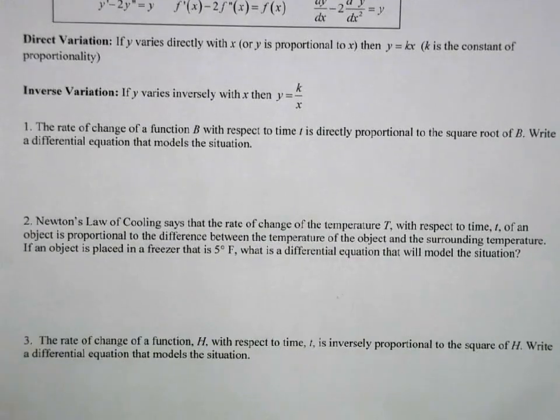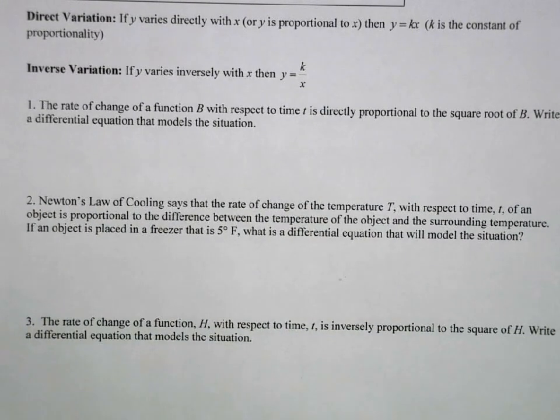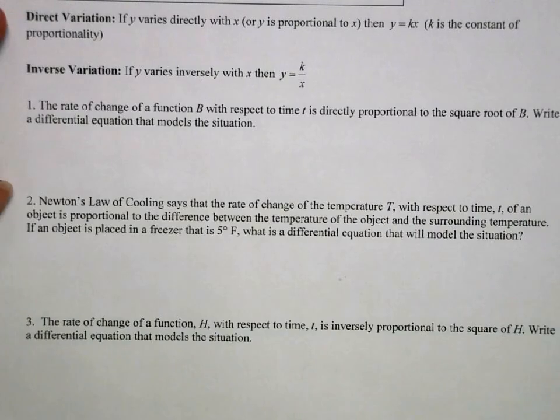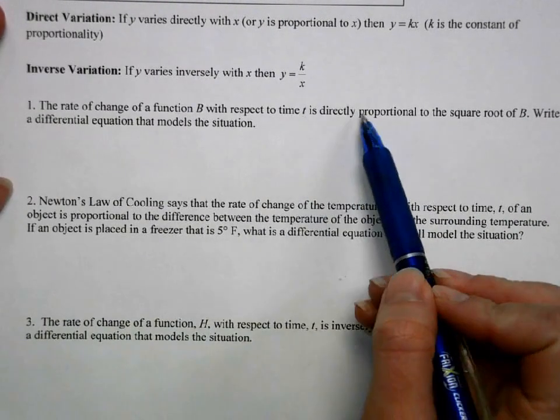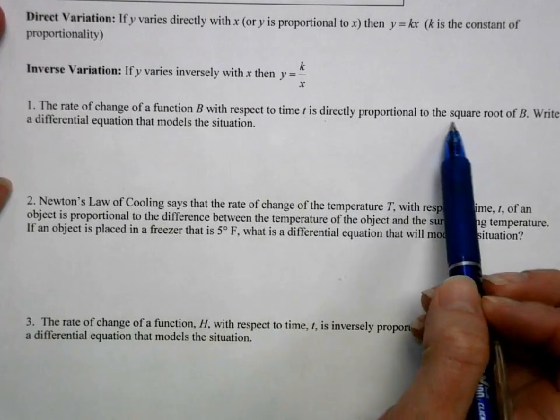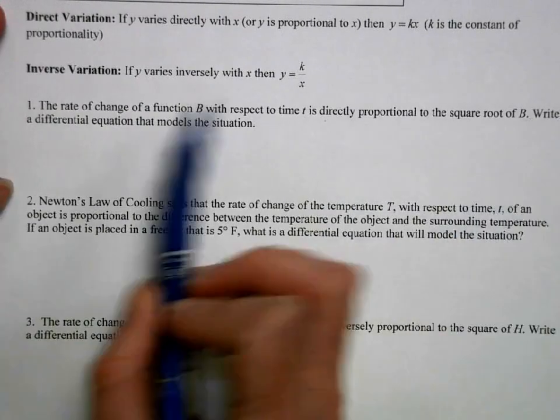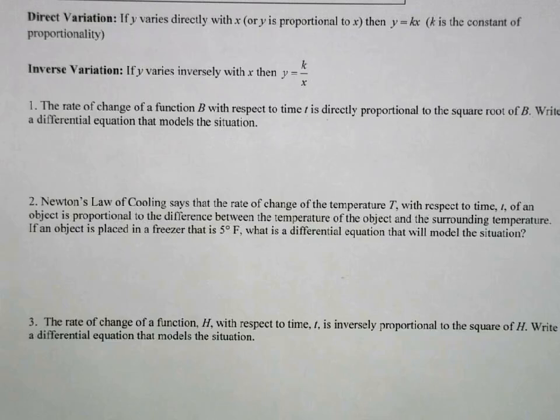So we're going to look at a couple situations, and we are going to write a differential equation. These are all going to involve some sort of rate of change. In my first example, the rate of change of a function b with respect to time is directly proportional to the square root of b. Write a differential equation that models this situation.